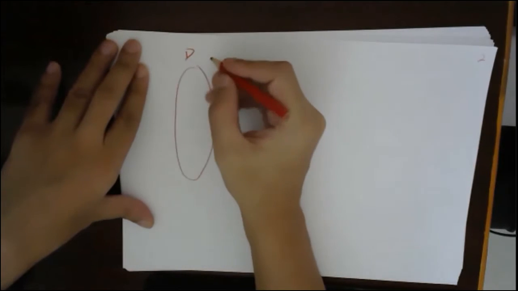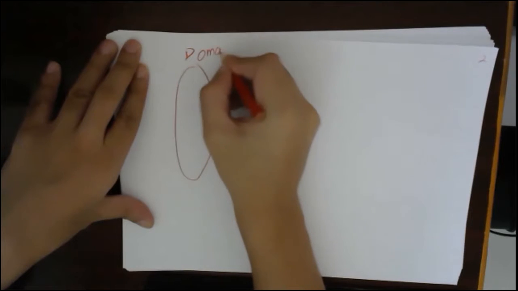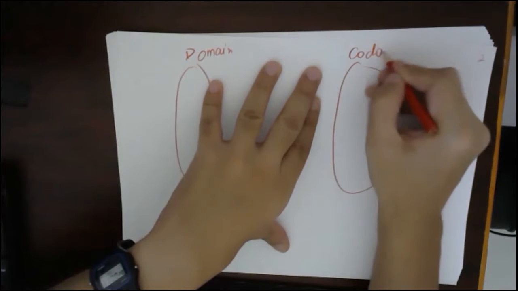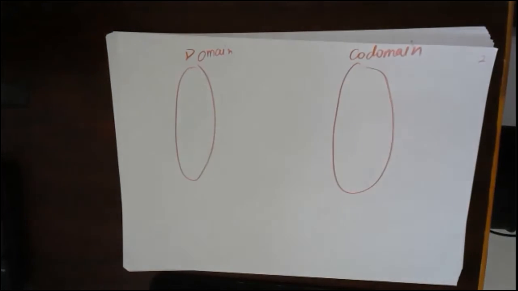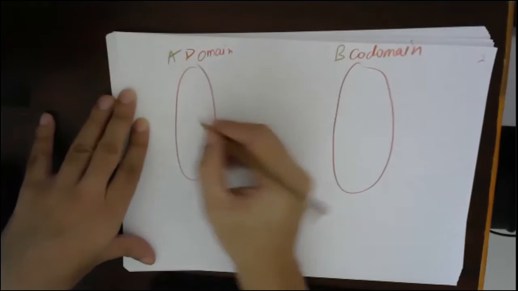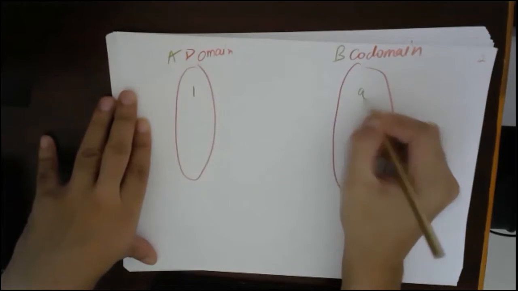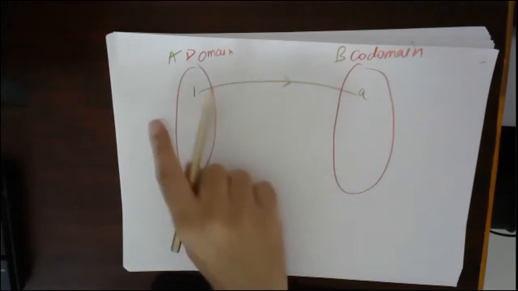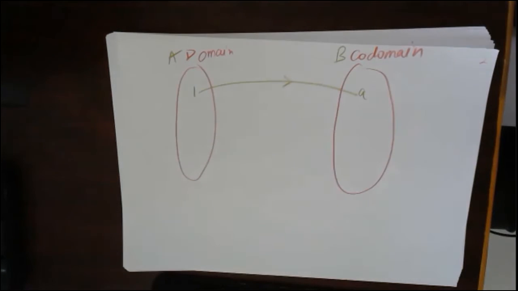Now suppose I have domain and I have codomain, set A and set B. This has element 1 and this has element A. Suppose 1 is related to A by some function.